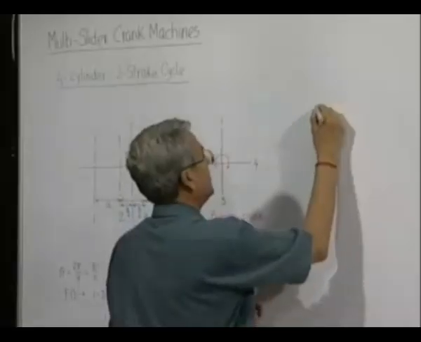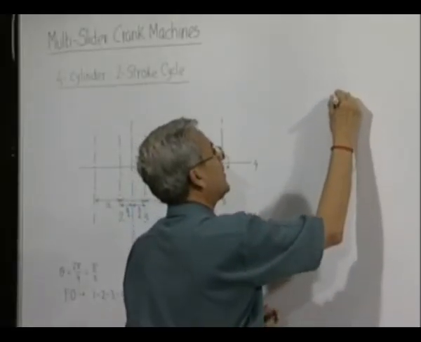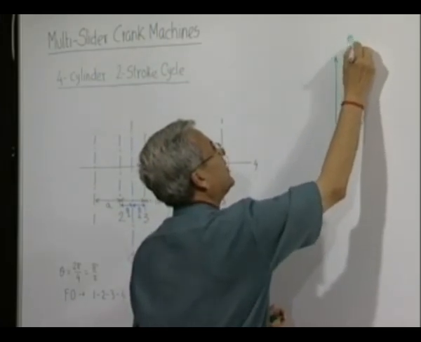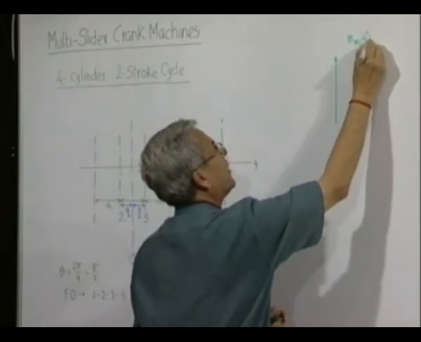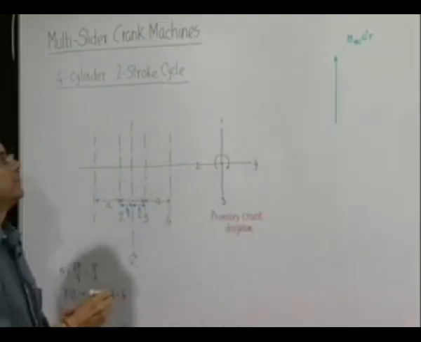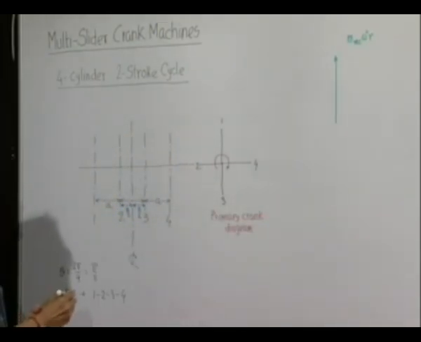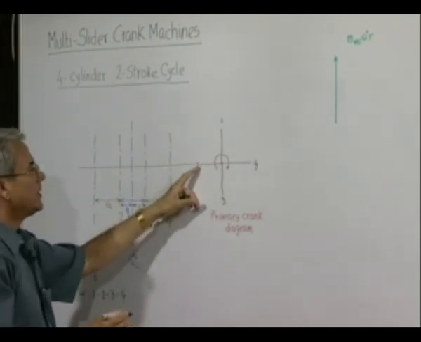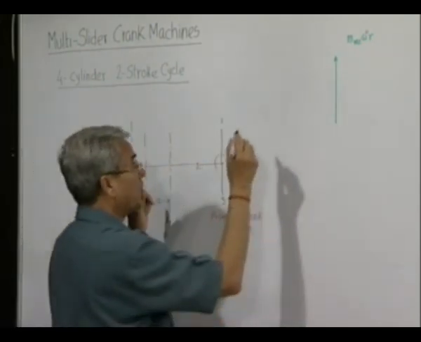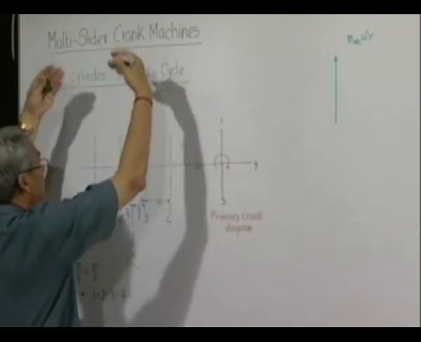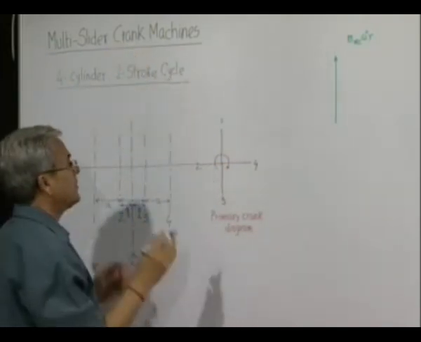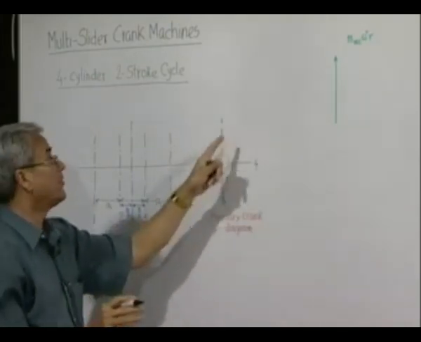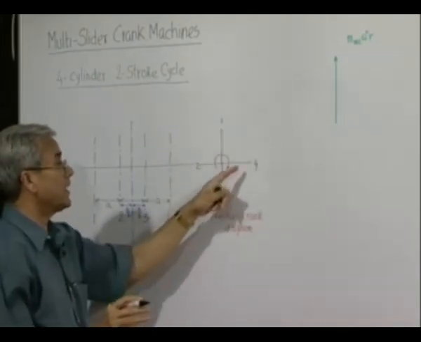This primary force produced by cylinder number 1 will be this, and this is nothing but m reciprocating omega square r. The primary force produced by the second cylinder will be nothing but the centrifugal force of this. Of course we should remember it is only the component of those forces in this direction, but what we are initially doing is considering only the centrifugal forces produced by these hypothetical masses placed here.